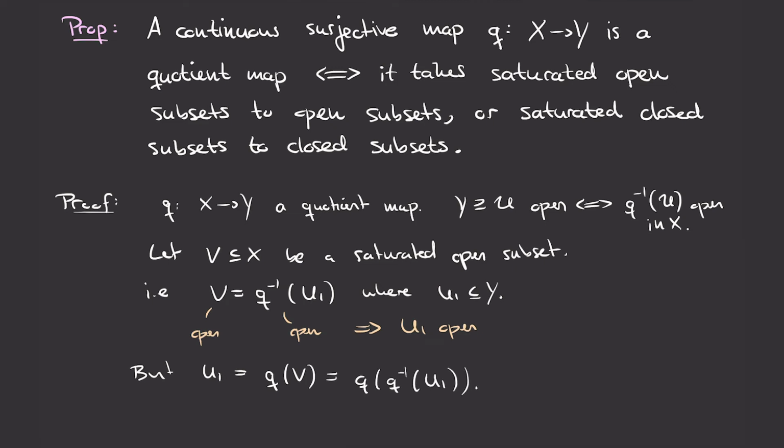So we have shown that Q takes saturated open subsets V to open subsets U1.